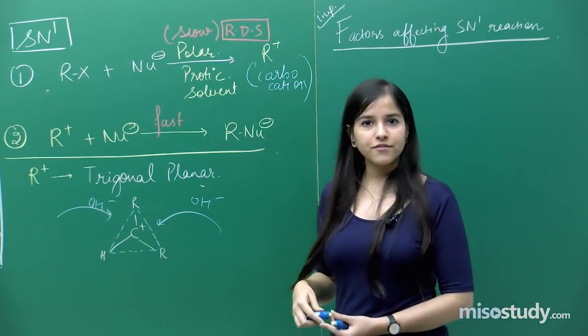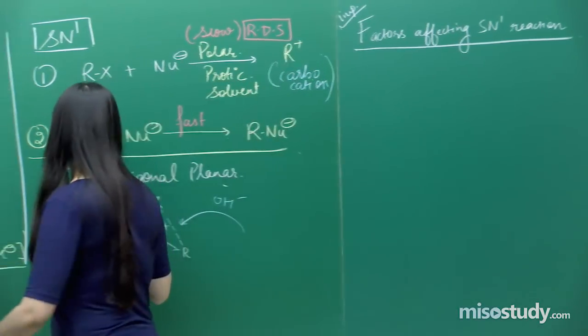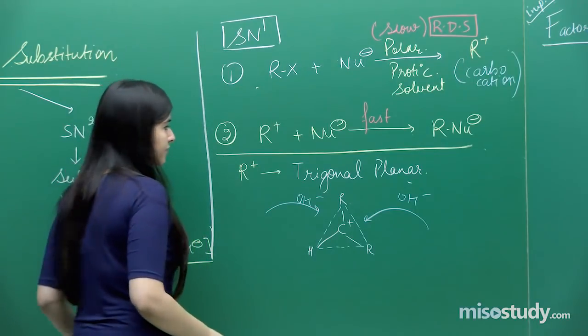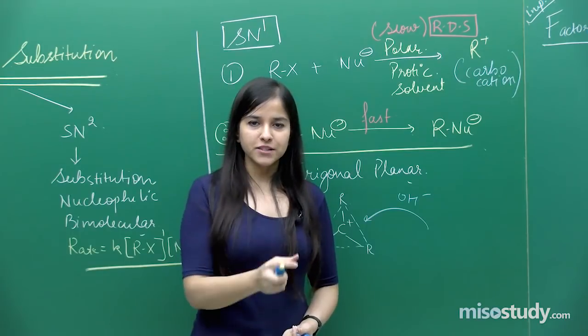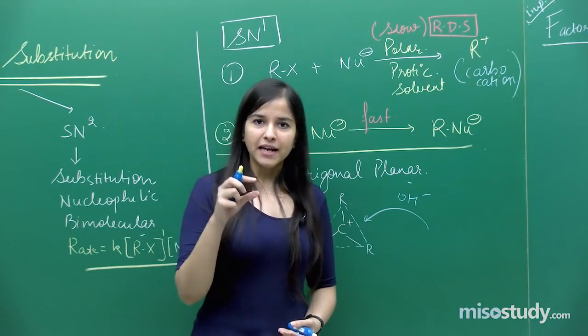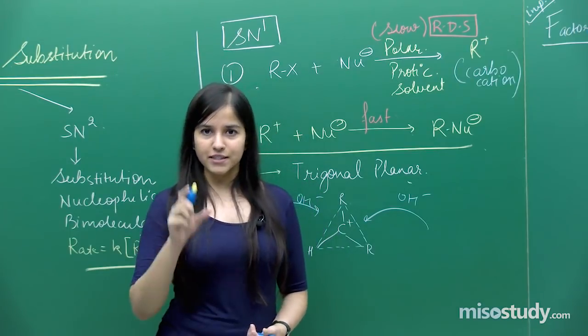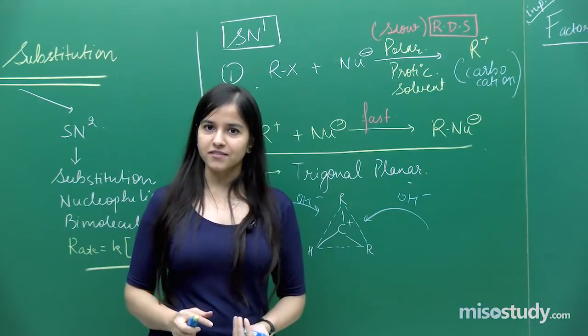Now, what are the factors? Since you can see over here, there is the formation of carbocation. That means the main thing is this only. The carbocation which is formed must be very stable, and that is how it will decide the rate of the Sn1. The more stable the carbocation formed, the faster the reaction will be, right?